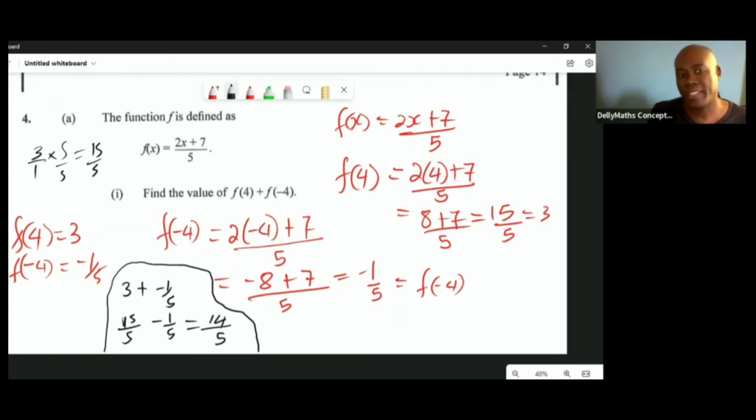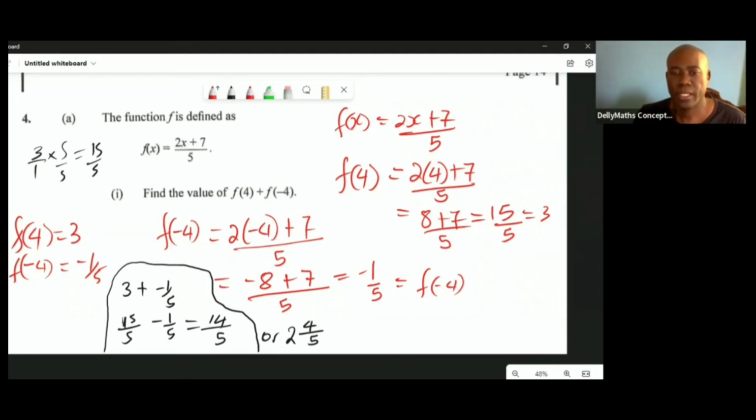And 14 over 5 is the same thing as 2 and 4 over 5. Or you could say 2 and 4 over 5, the same thing. So if you come up with any one of those responses, it's the same thing. All right. So f of 4 plus f of negative 4 is 14 over 5, or 2 and 4/5.